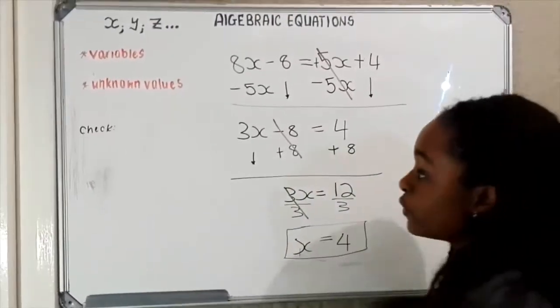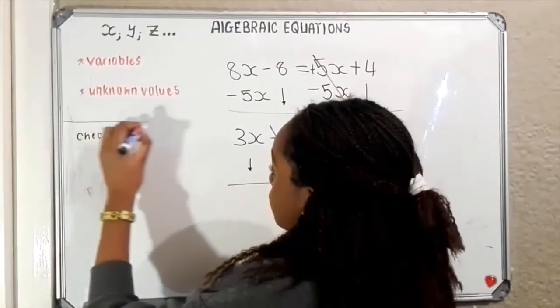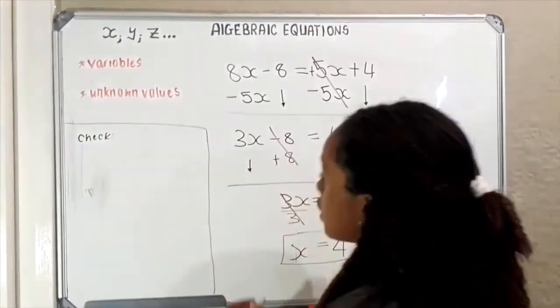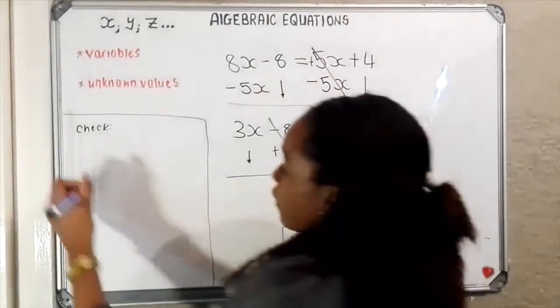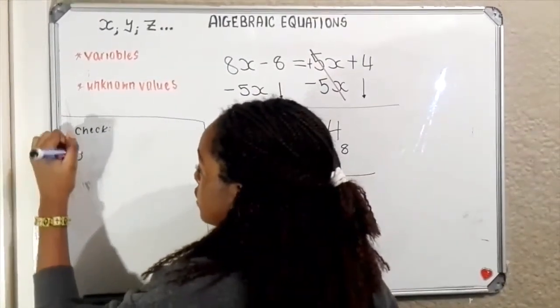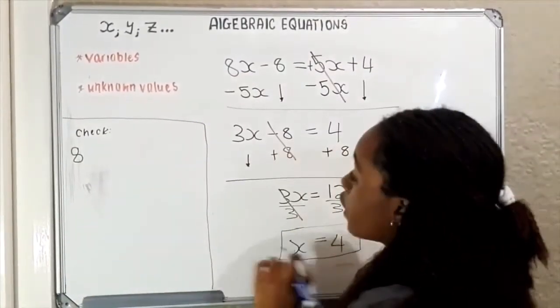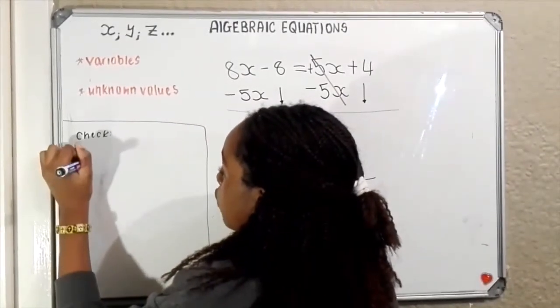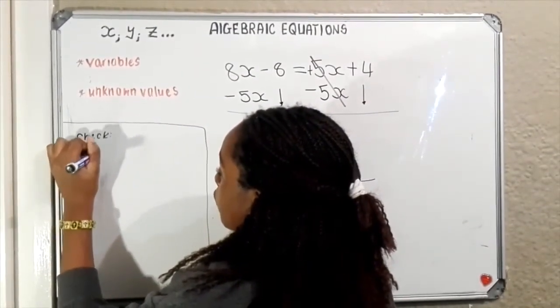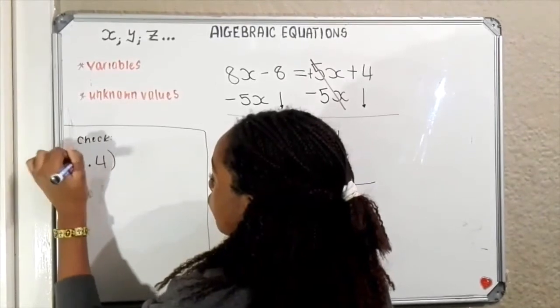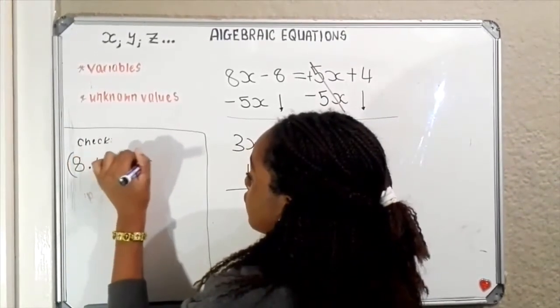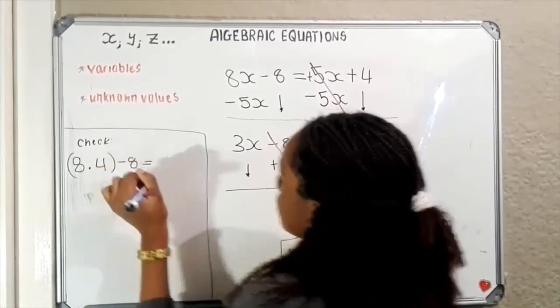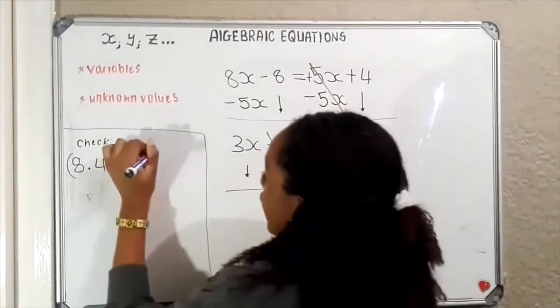Okay, so now we can check if this equation is balanced. I'm going to show you how to do that. We're going to replace the value of x into the equation. So I'll have 8x, and instead of x, I'll have 4. 8 times 4 minus 8 must be equal to 5x.